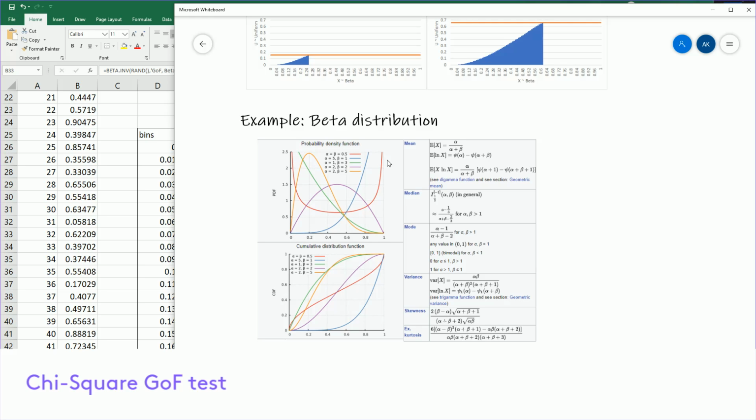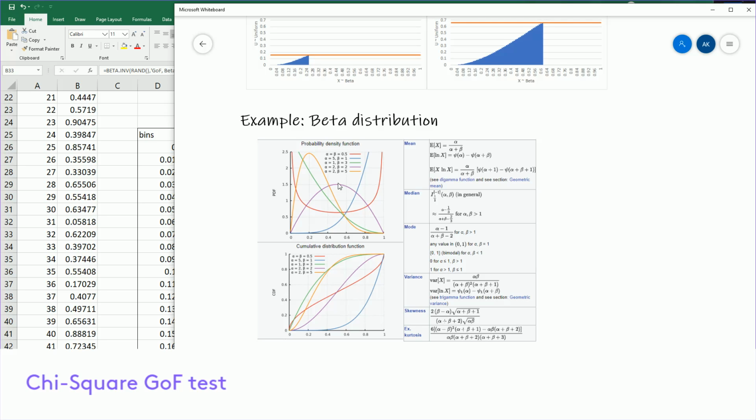The density is highest around 0 and 1. For our test, I'm going to use this arc-shaped beta distribution with parameters alpha and beta both equal to 2. So the highest density will be around 0.5.